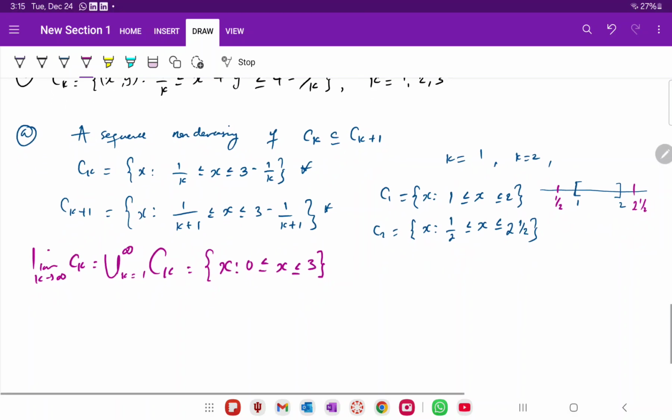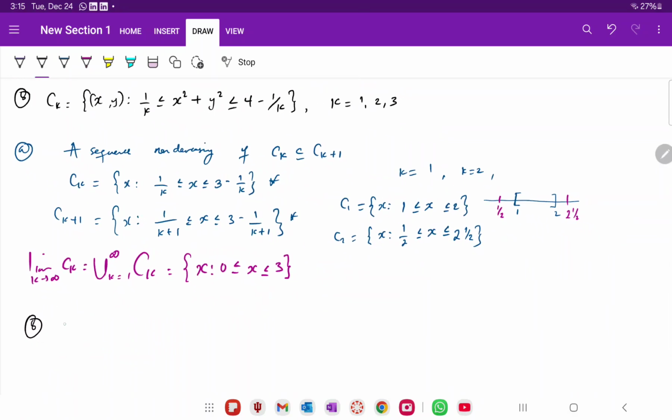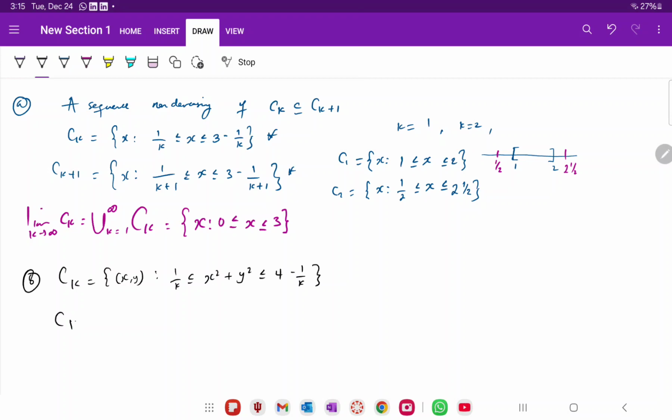Alright, so for part b, let me rewrite that. We have Ck equals x comma y such that 1 over k is less than or equal to x squared and y squared is less than or equal to 4 minus 1 over k. You also check this, you see that Ck plus 1 is x comma y such that 1 over k plus 1 is less than or equal to x squared plus y squared, and is less than 4 minus 1 over k plus 1.